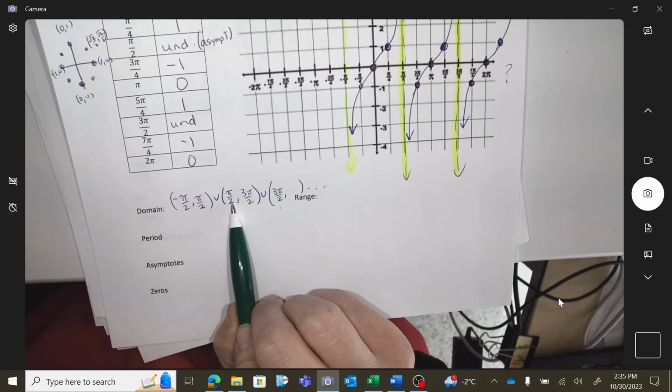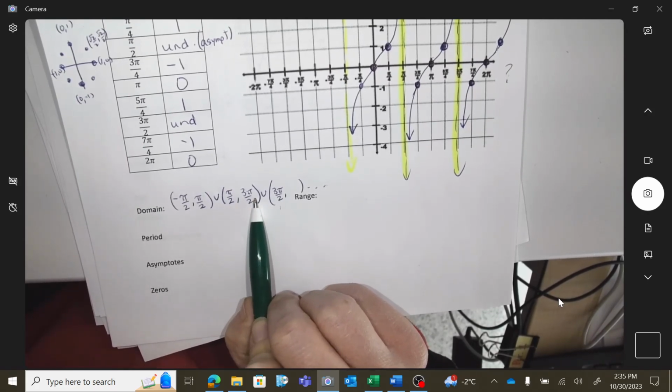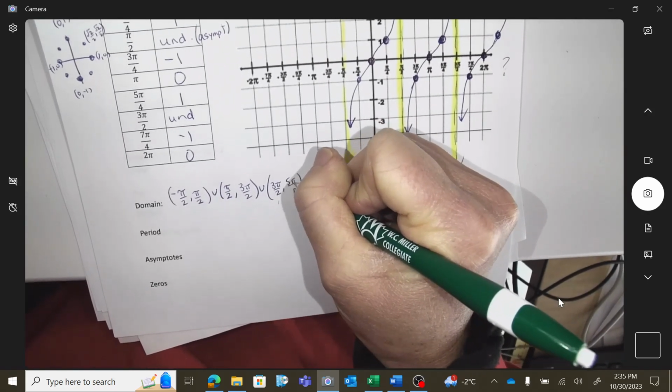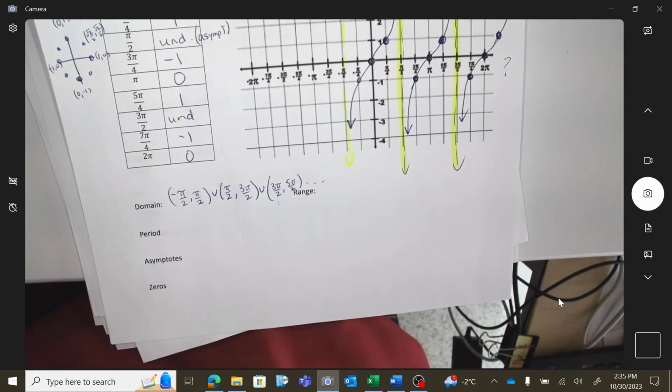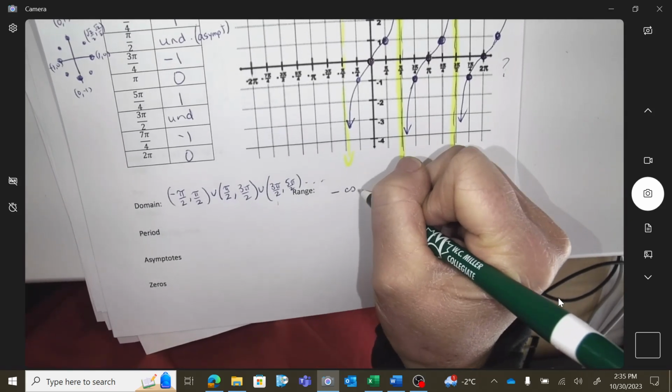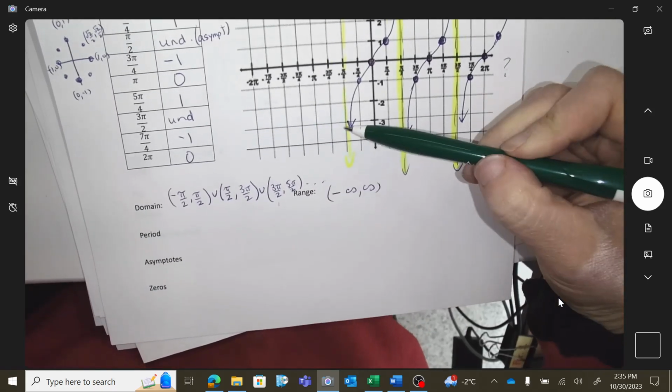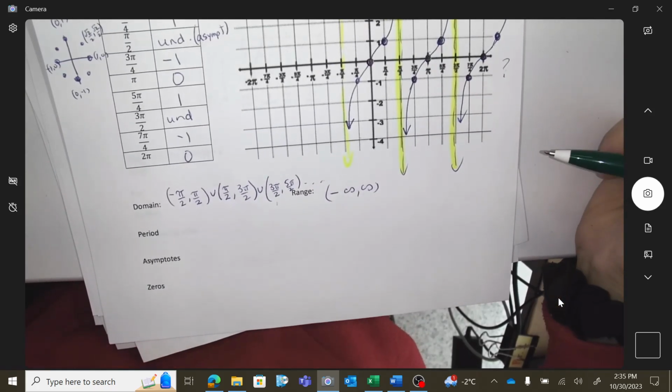How much did I add on here? 5 pi over 2 is the next one. Okay. Range. What's the lowest to the highest? Forever, right? Shooting down, shooting up.